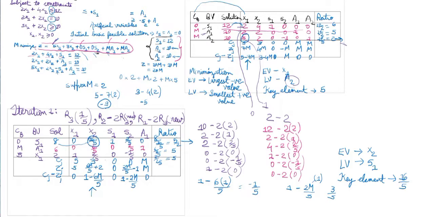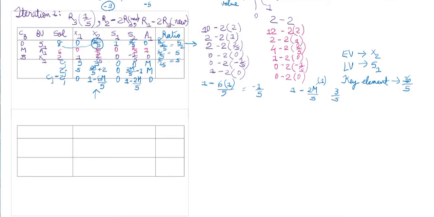Now we'll work on our iteration number 2. Here again the rules remain the same, that the pivot element you will make 1. And in this table we'll include s1 because we don't exclude s1, s2. We just exclude the artificial variables. Right? So it will be x1, x2, s1, s2 and a1. Now let's write the basic variables.